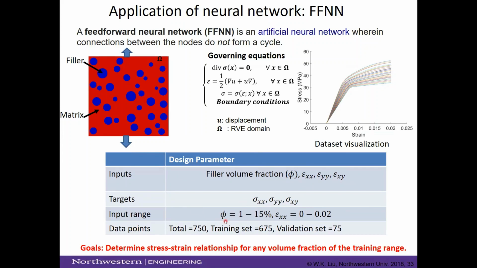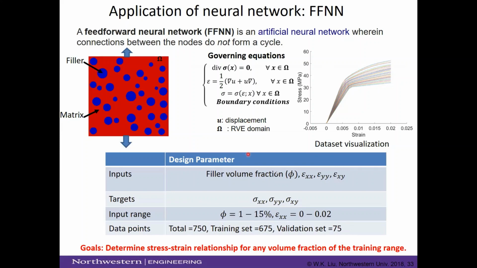Our input range will be from 1 to 15. Our strain range will be 0 to 0.02. And our data points will be 750. We did 750 numerical simulations, and our training set will consist of 675 data points, and our validation set will be 75.